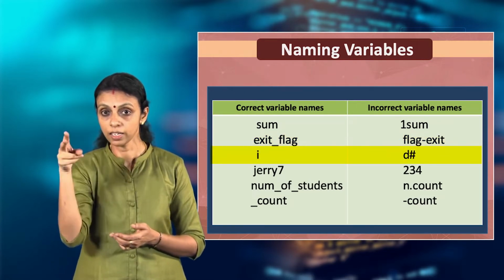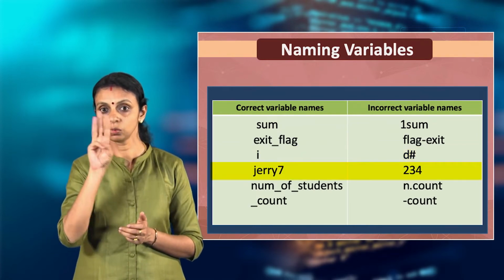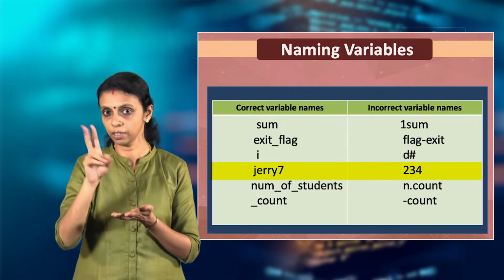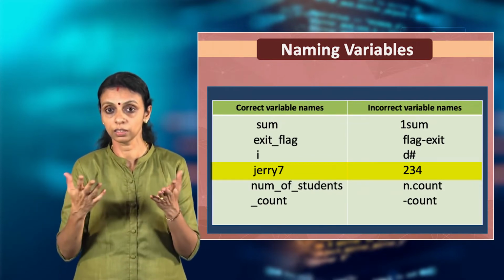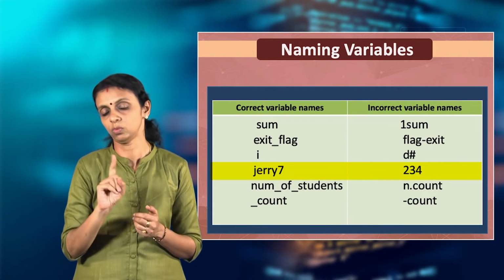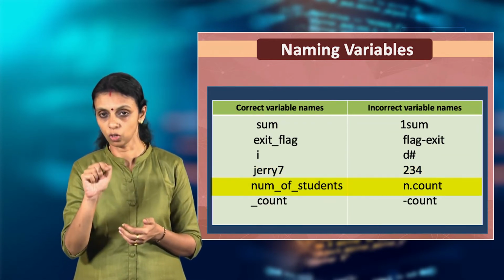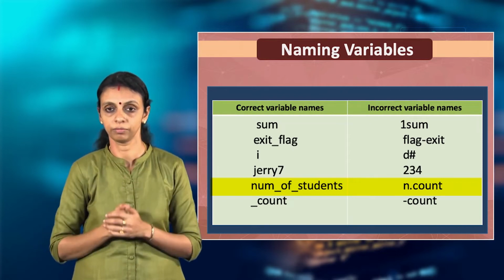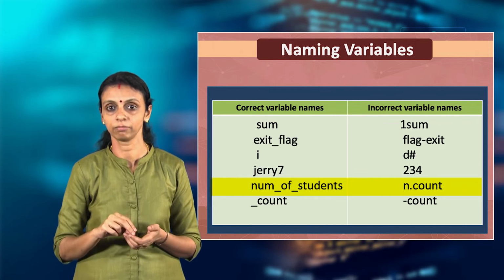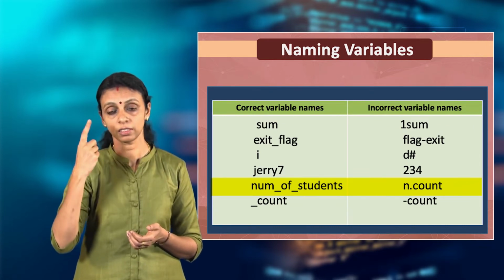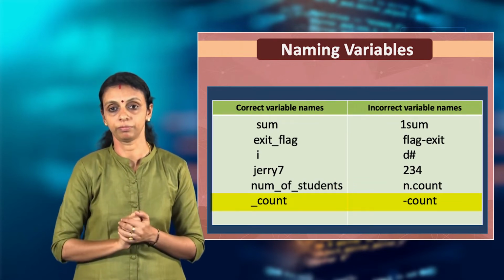This one, the hash symbol is not allowed. 234 is not a valid variable name because we cannot start a variable name using a digit. N.count: here the dot is not allowed in a variable name. Again, the first letter should be either a letter or an underscore, not a hyphen.